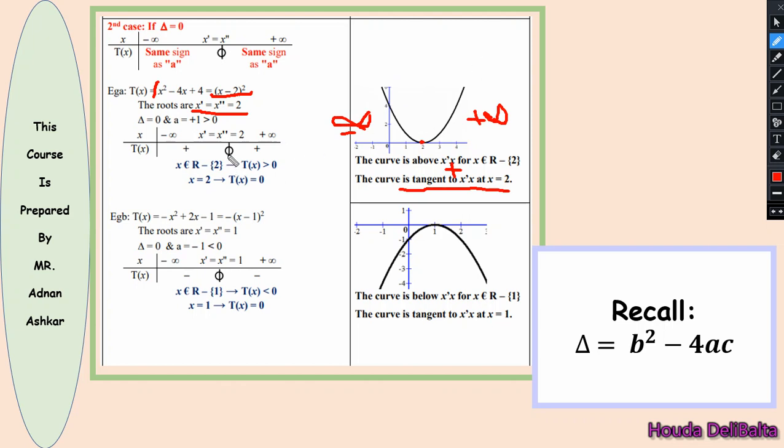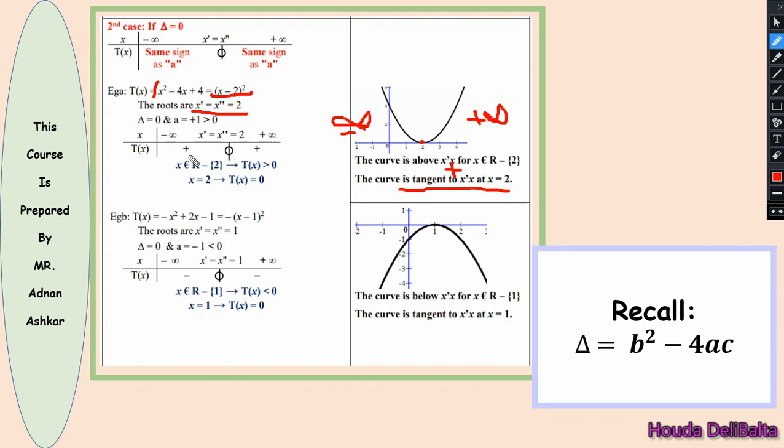At 2, the curve meets the x-axis at this point, so we put a 0. That means the abscissa of the point of tangency between the curve and the x-axis is 2, and its ordinate, if you substitute in the initial function, you will get 0. So we put 0 at the root.